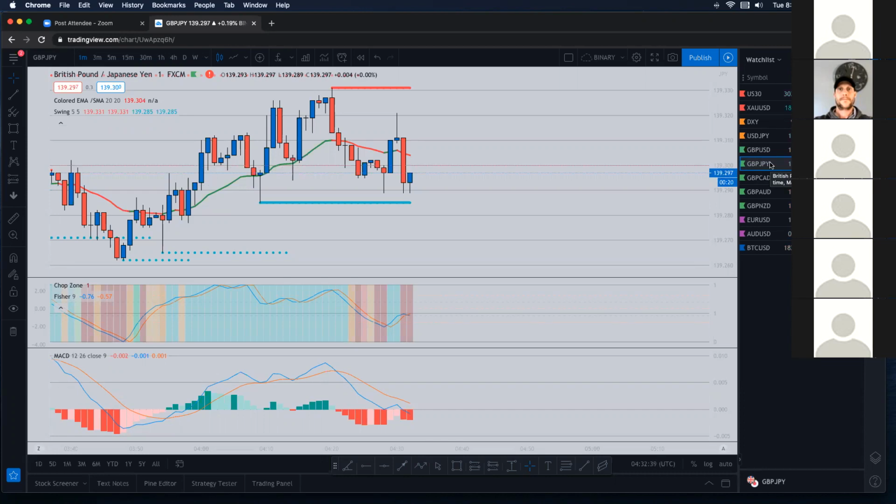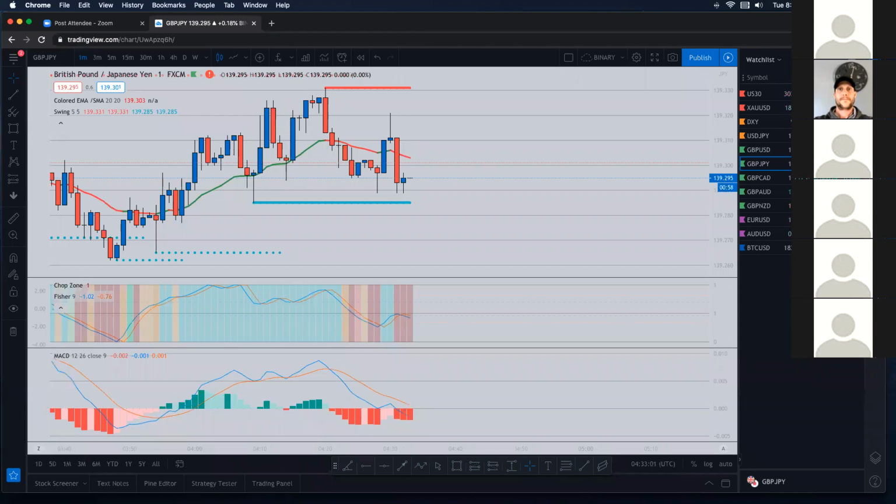Holy crap. Damn. Those are some pretty long 1 minute candles. Yeah, this is what we avoid. This is what not to do. Anyway, staying away from GJ.